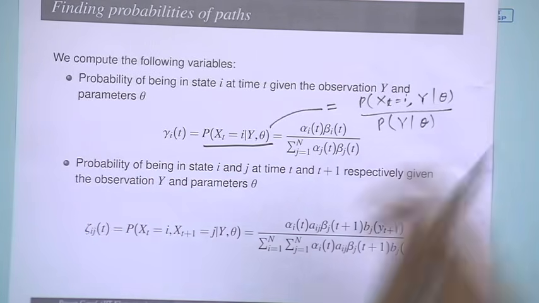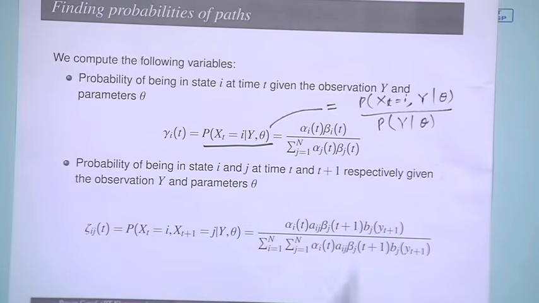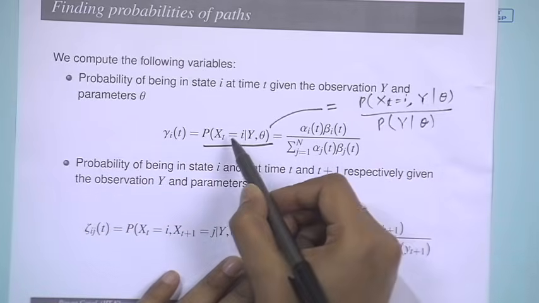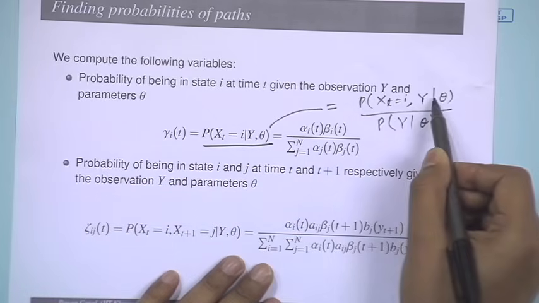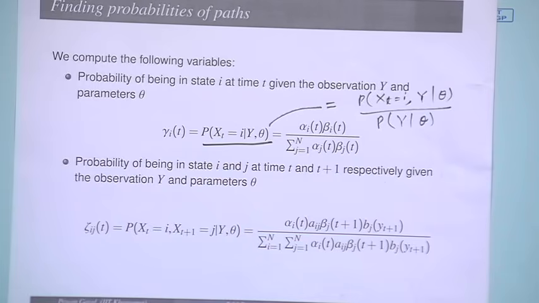This is the simple conditional rule. If you forget theta, this is nothing but the probability of x_t equal to i, y, divided by the probability of y. This is the simple conditional probability rule.